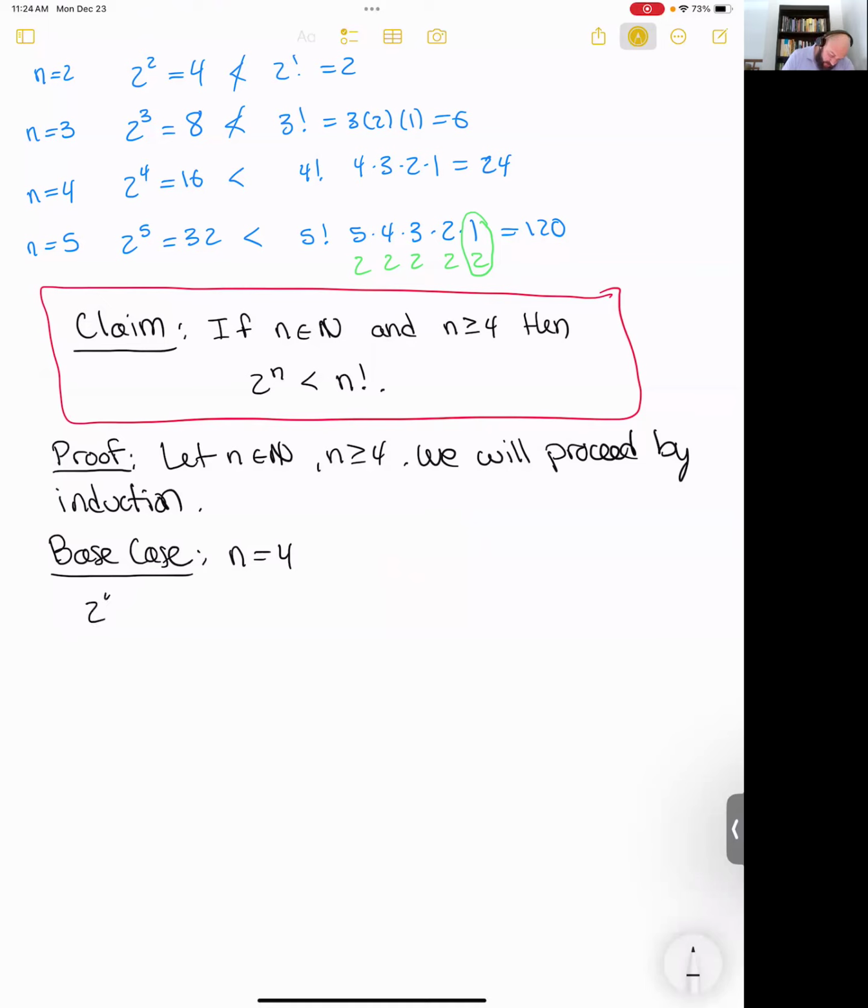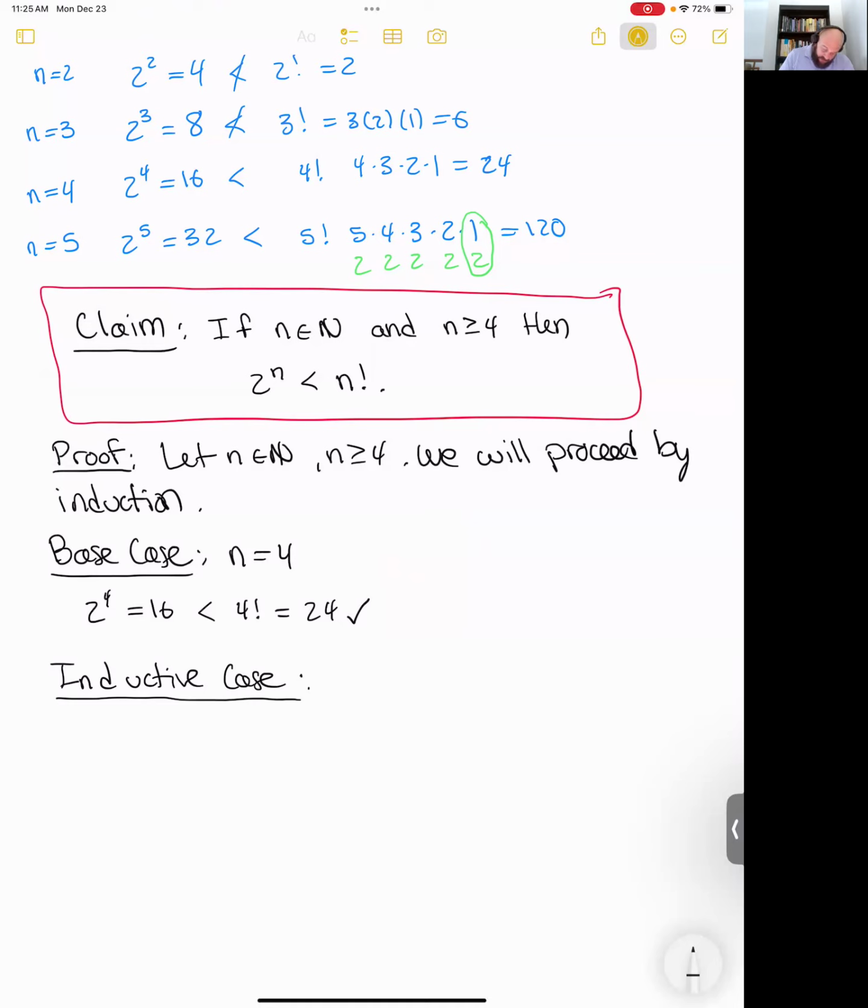We already checked it, but we should check it here again, right? So 2 to the 4th is equal to 16, and that's less than 4 factorial, which is equal to 24. So that checks out. That alone says nothing about the general claim, but it does mean that we can start the induction off.